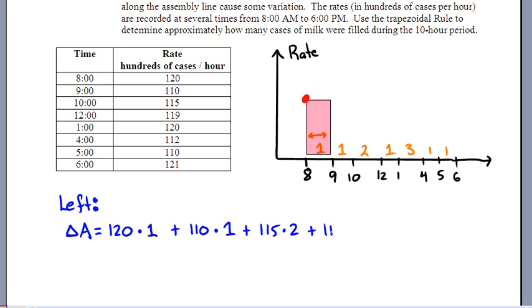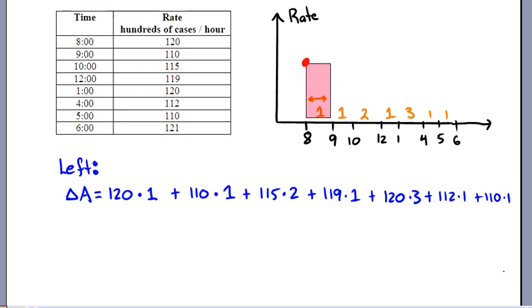And then 119 tall, and that one would only be 1 hour wide. And then the next one here from 1 to 4, picking up at the beginning of the integral, the left side, you'd have a 120 for 3 hours. And then a 112 for 1, and then a 110 for 1. And I would not use that last fence post.